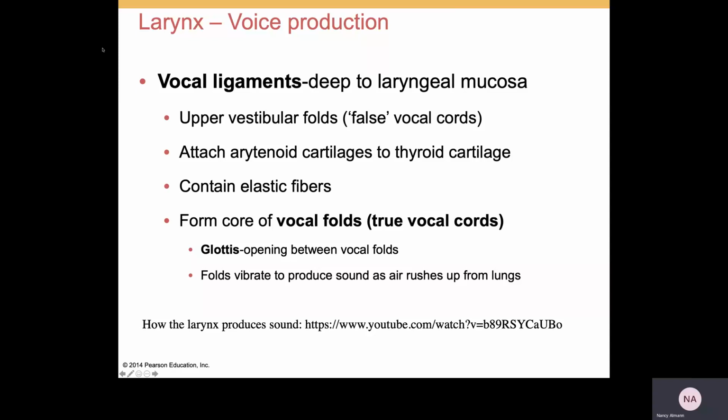They're going to contain elastic fibers. That's going to be important. And they will form the core of the true vocal cords, which are known as the vocal folds. The glottis is actually the opening between the vocal folds. And those folds are going to vibrate to produce sound as air moves up and out of the lungs.